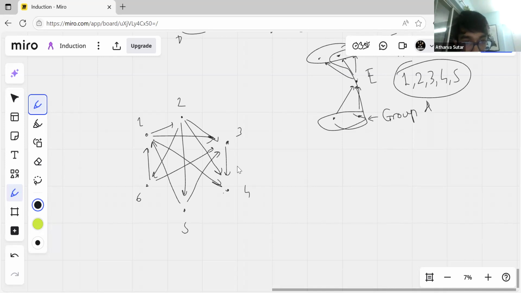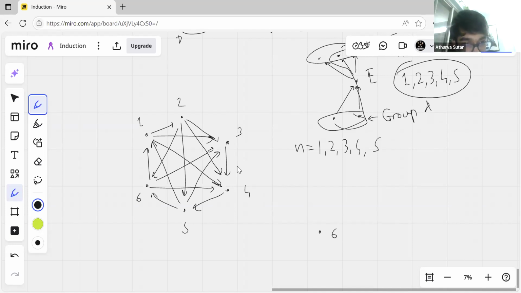Now you know that the problem statement is true for n equals 1, 2, 3, 4, 5. Now you take this sixth city and you make a graph like this.